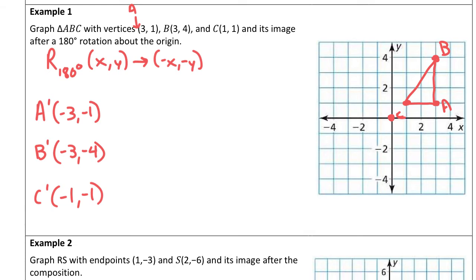So I'm going to graph those in a different color to show a 180 degree rotation. So -3, -1, -3, -4, and -1, -1. So we've got A's image, B's image, and C's image.